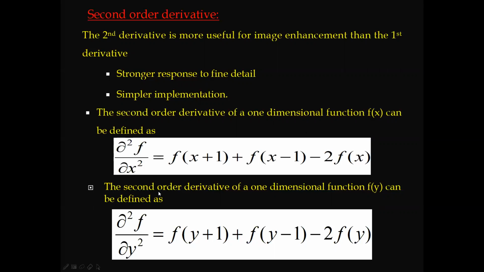Similarly, for the y direction, dou square f by dou y square is equal to f of y plus 1 plus f of y minus 1 minus 2 into f of y.